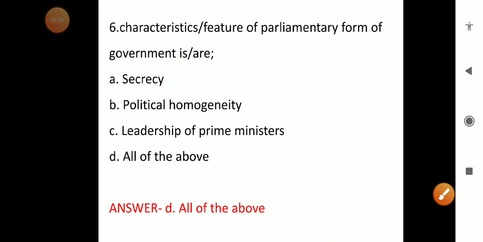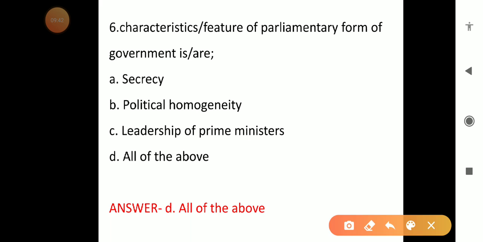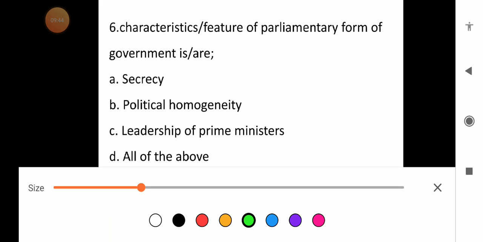Characteristics or features of parliamentary form of government. What are the characteristics? Secrecy, yes. All the position holders are supposed to take an oath of secrecy. They cannot tell about the working or the secret things of their office. So secrecy is there. Political homogeneity. Homogeneity means uniformity.